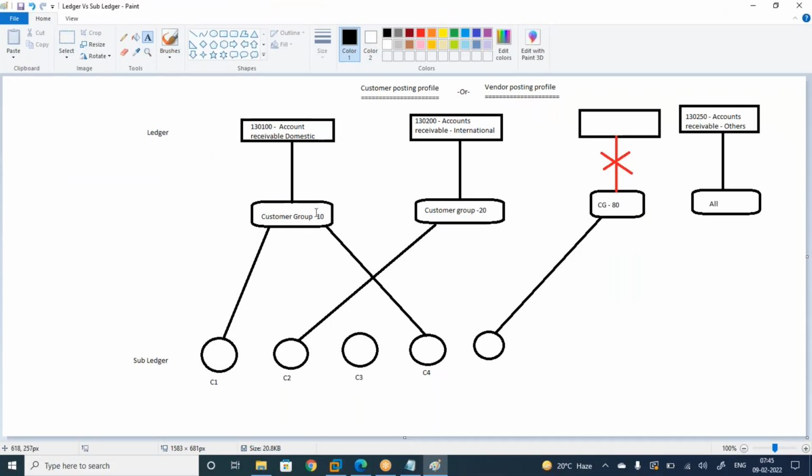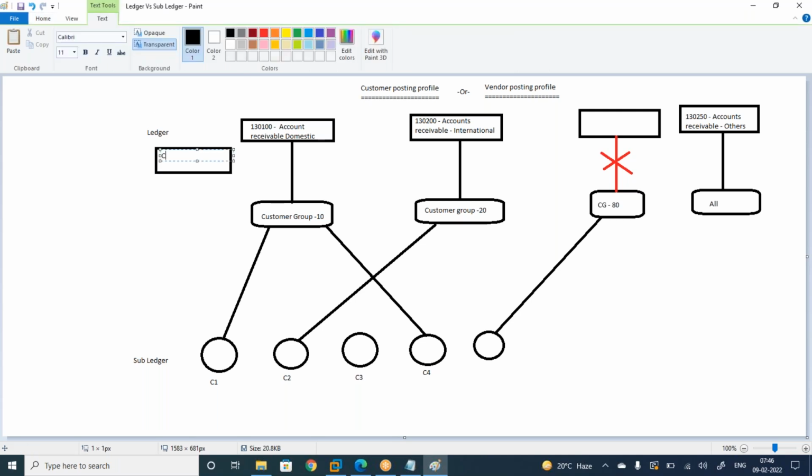Customer is linked to the customer group is linked to this one. But I don't want like this. I want to map directly one ledger account, suppose 130400, accounts receivable, like suppose Accenture.